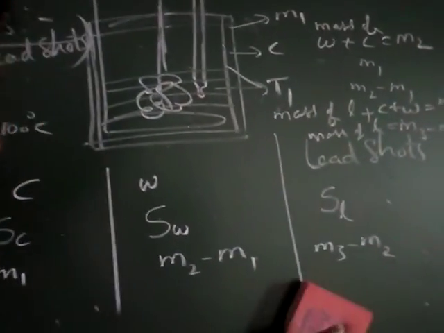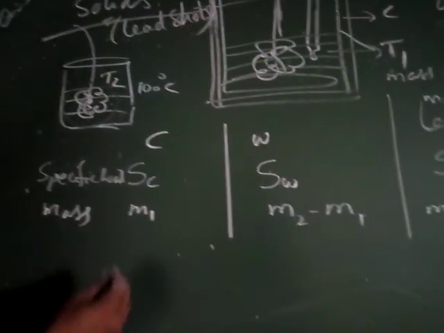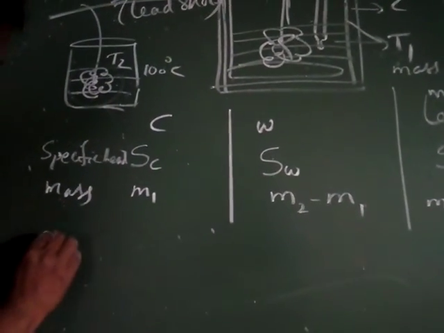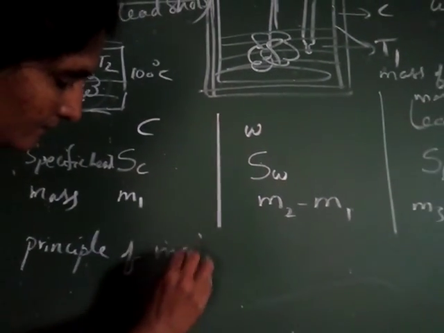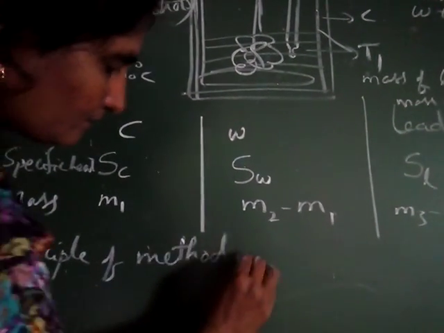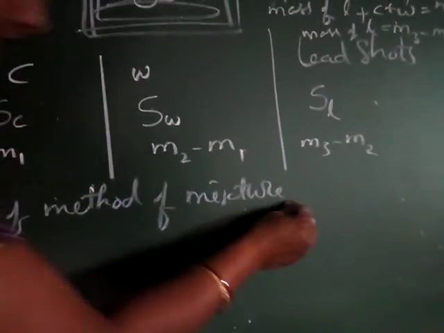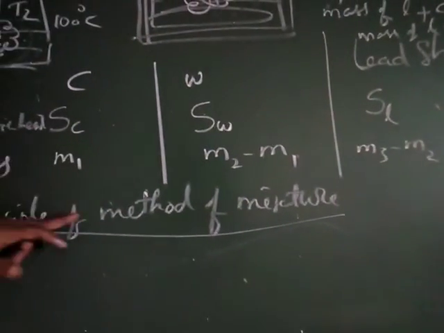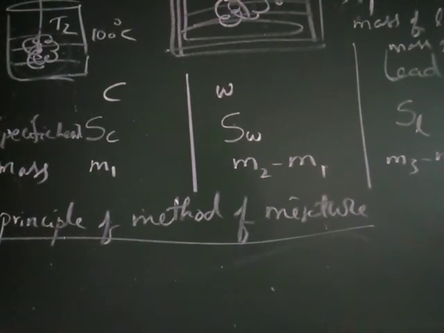Now you come to when you are writing the principle of method of mixtures. What is the principle of method of mixtures? You see, it is very important, 1 mark. Principle of method of mixtures, 1 mark counts. We must learn it, because maybe it will be given. Okay?